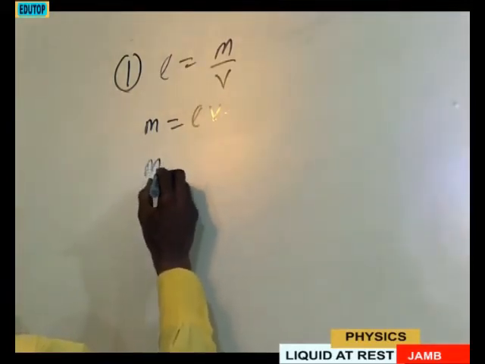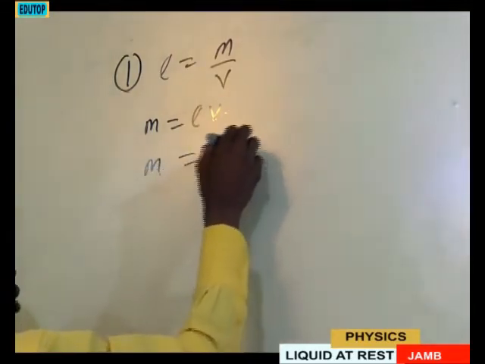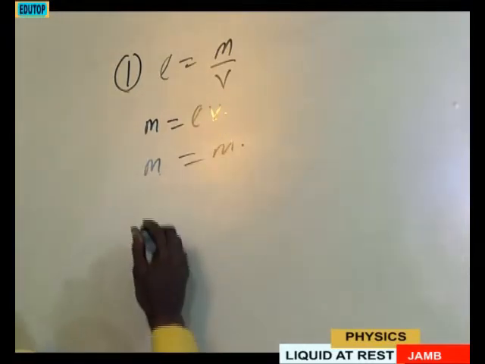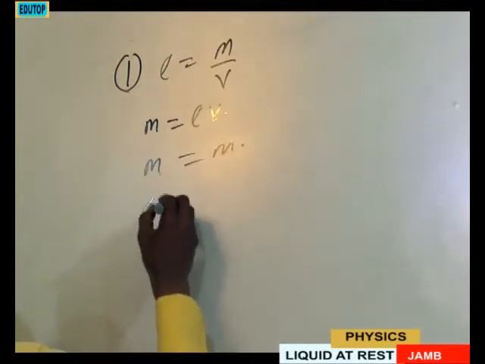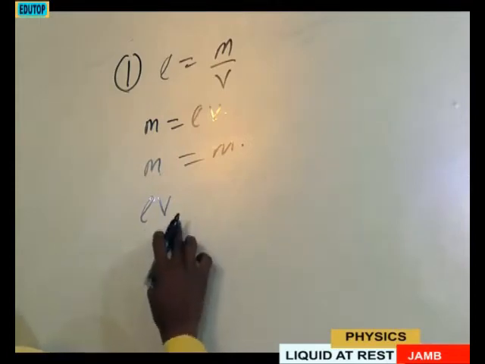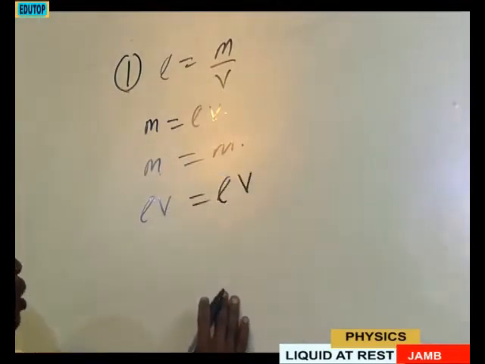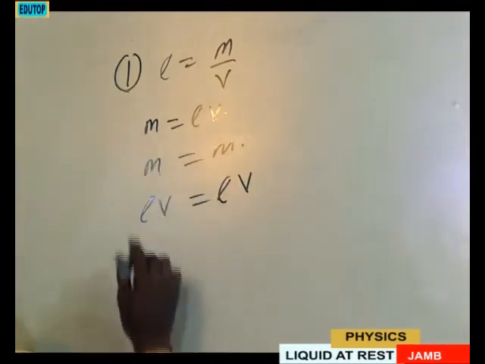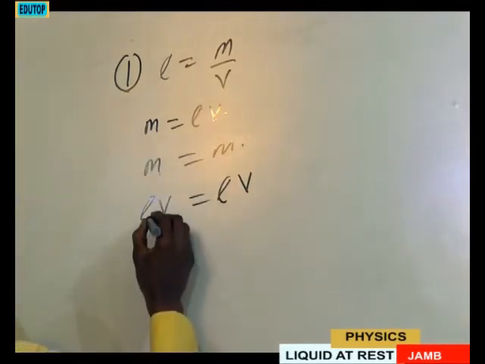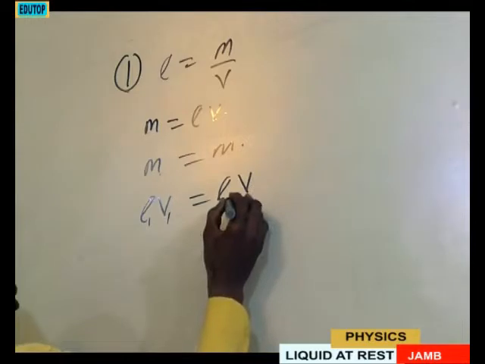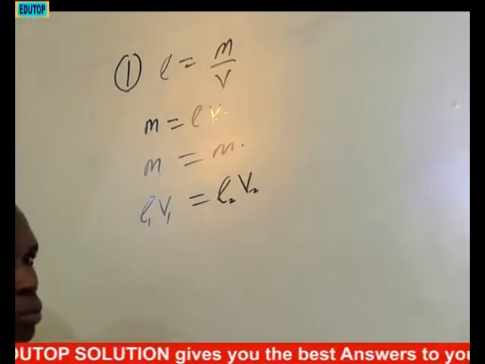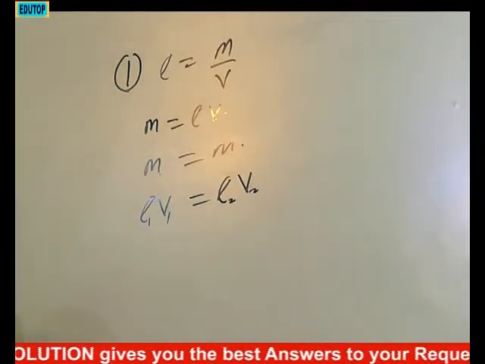Since the mass of the first substance is equal to the mass of the second substance, automatically the density and volume of the first substance is equal to the density and volume of the second substance. Let's call them density 1, volume 1, density 2, volume 2. Let's now take it one by one.